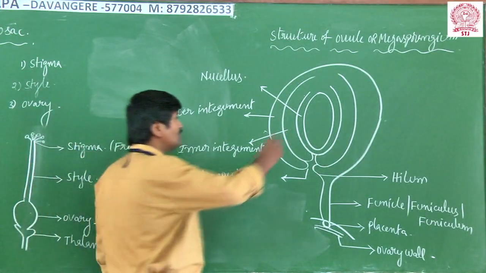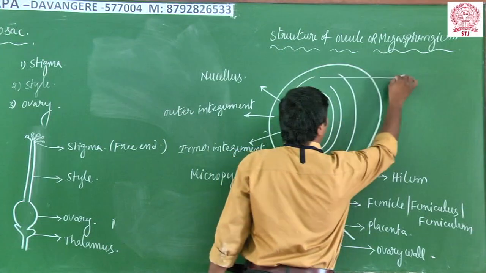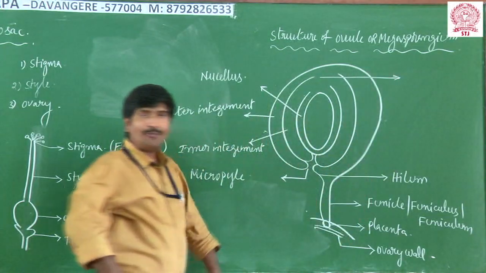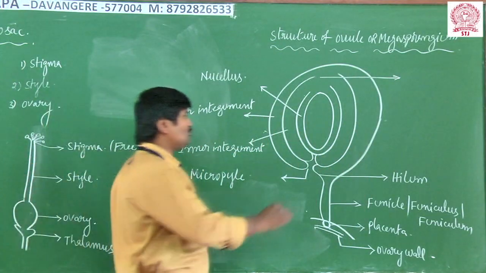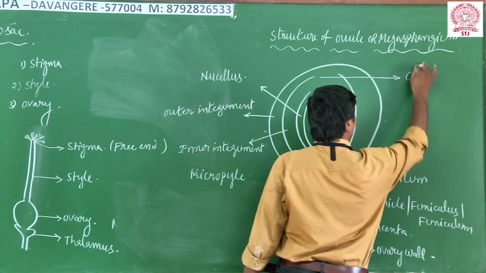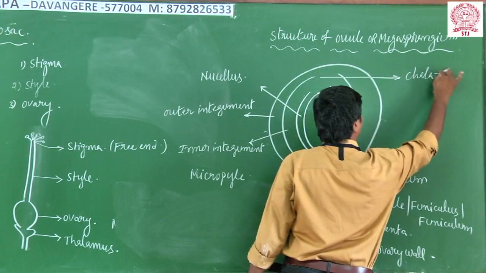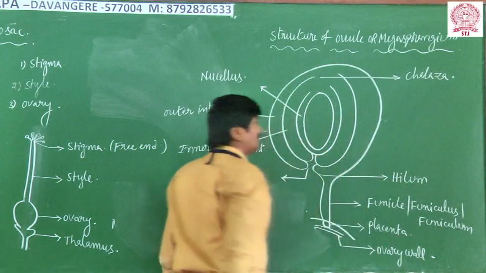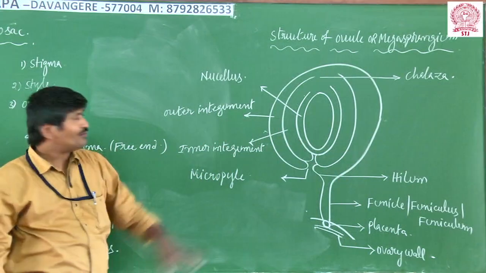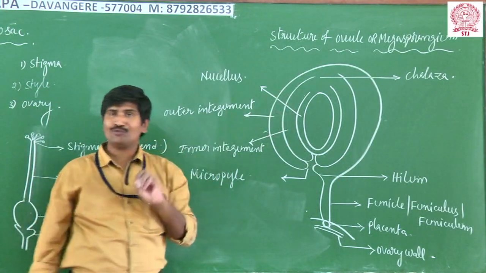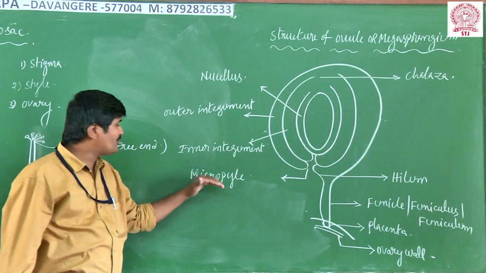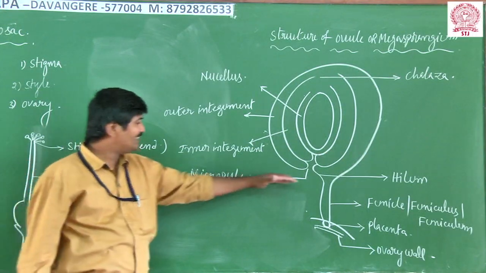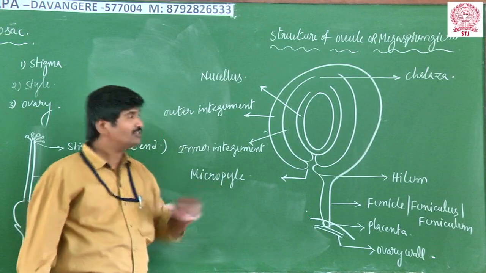Next one, the basal part of the ovule. The basal part of the ovule is known as the chalaza. These are the polar ends of the structure of the Megasporangium. Towards the micropyle region, that is the micropylar end.